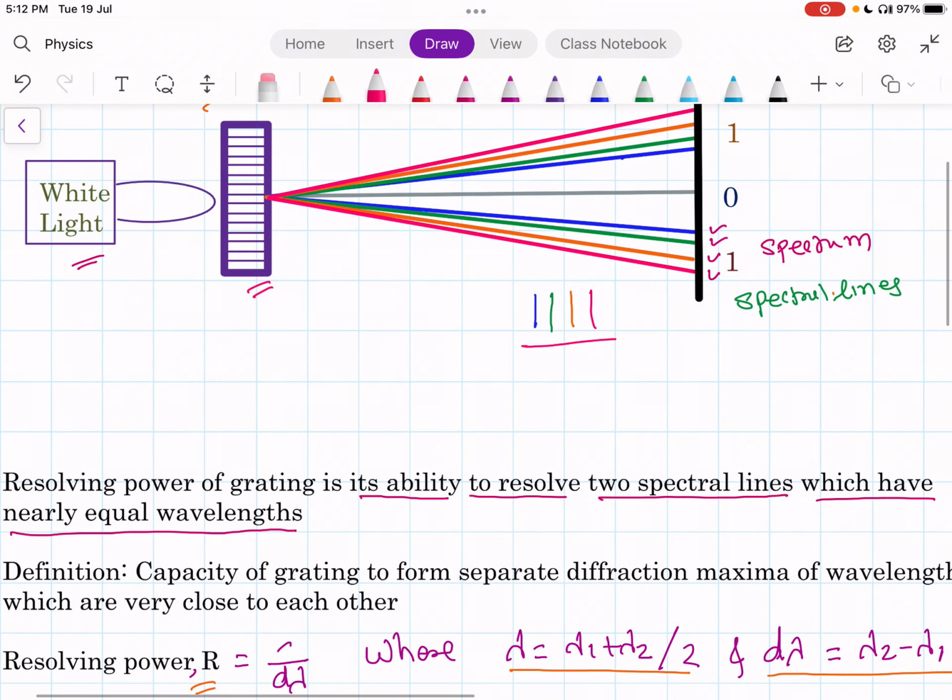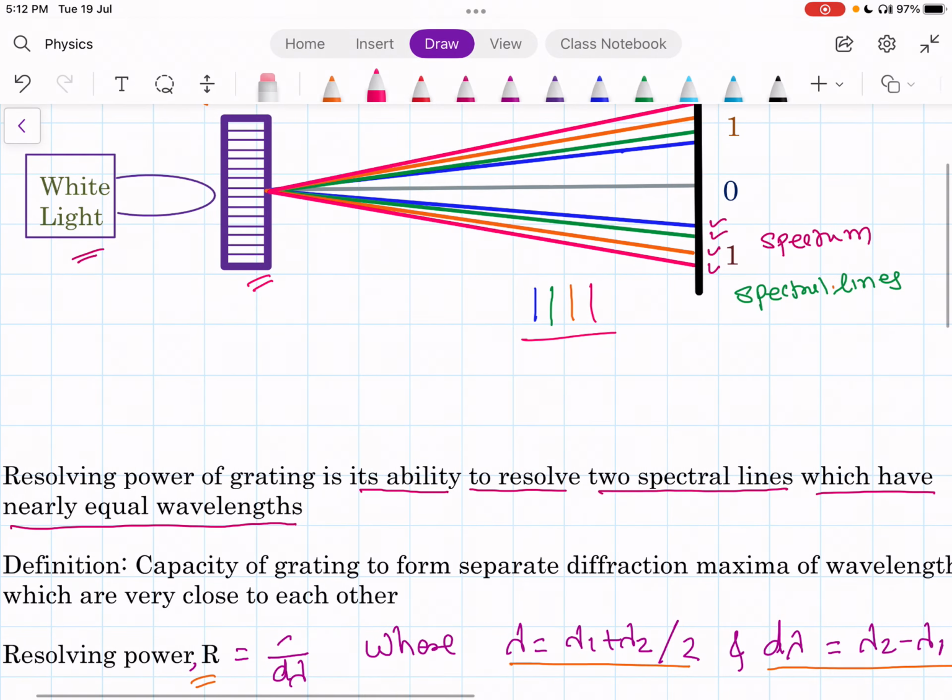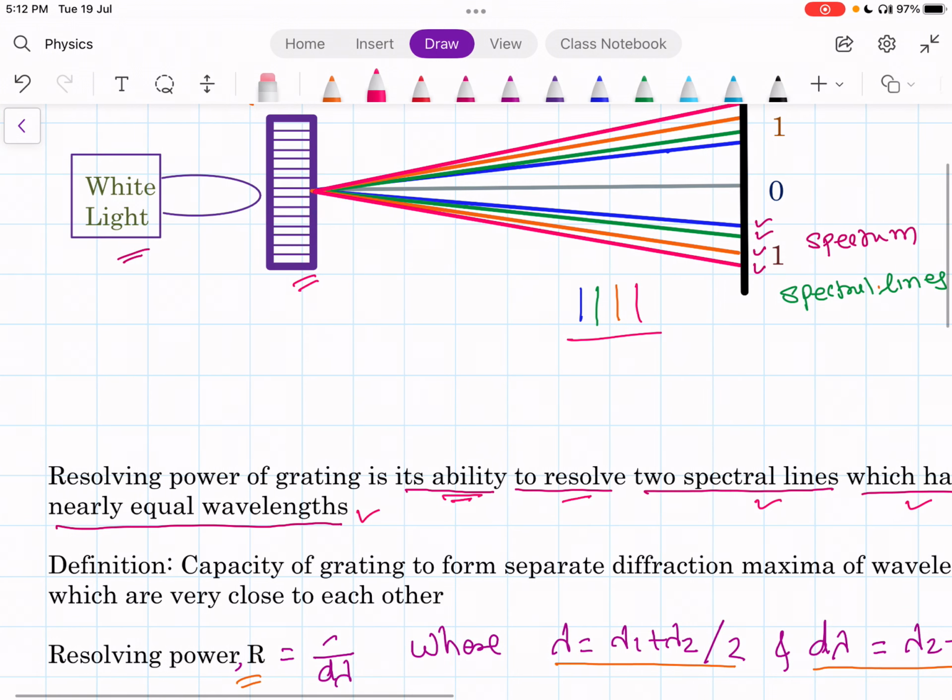So let us see the definition again. Resolving power of grating is its ability to resolve two spectral lines which have nearly equal wavelengths.